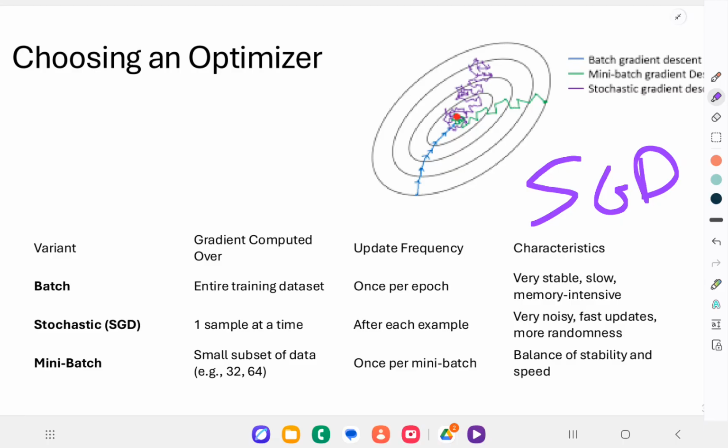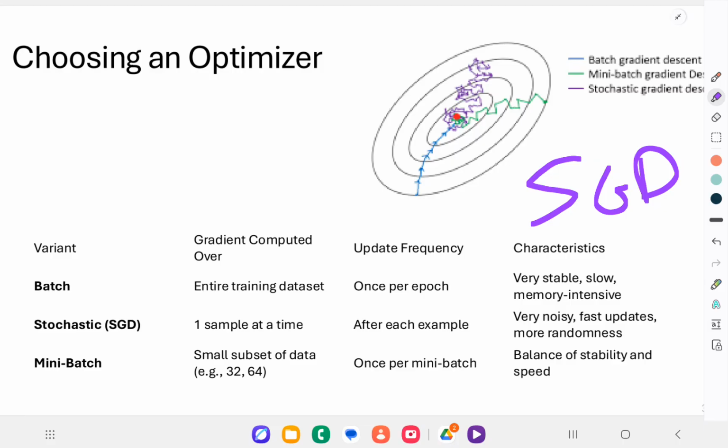We can improve on it using momentum, which smooths out the updates. It keeps a running average of the past gradients, so we don't just react to local bumps. Mathematically, it's like adding inertia, so you're rolling down the hill, not just sliding down.